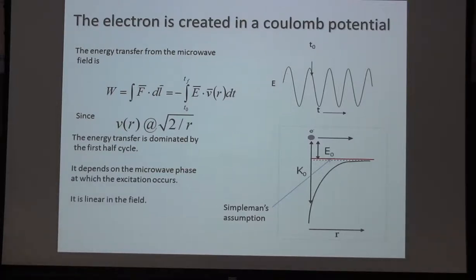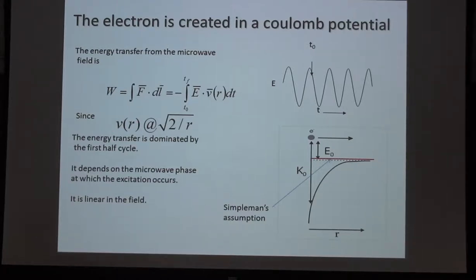And why that is, is actually quite simple. The problem is that, unlike the assumptions of the simple man's model, this electron is created in a Coulomb potential, and I can calculate the energy transfer from the microwave field as the force times the distance integrated, or the field times the velocity times the time. So if the electron is created near the nucleus by the laser, which it certainly is, the velocity is almost entirely from the Coulomb potential.